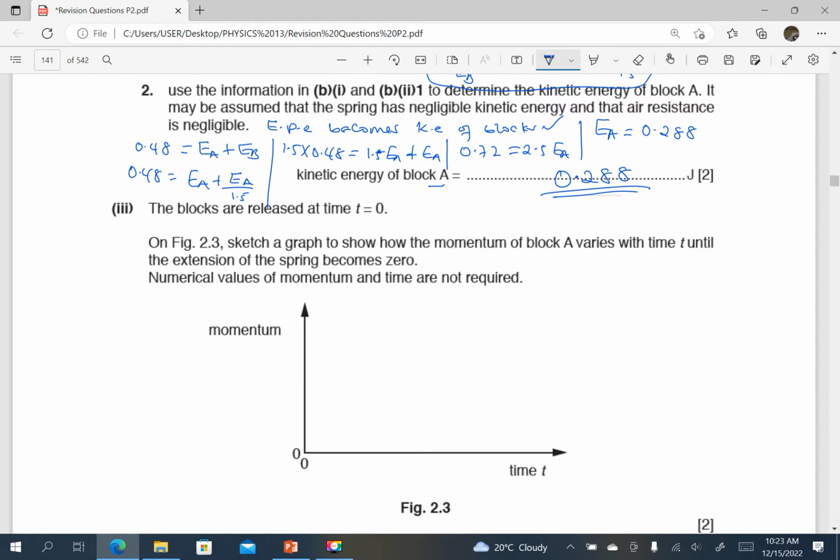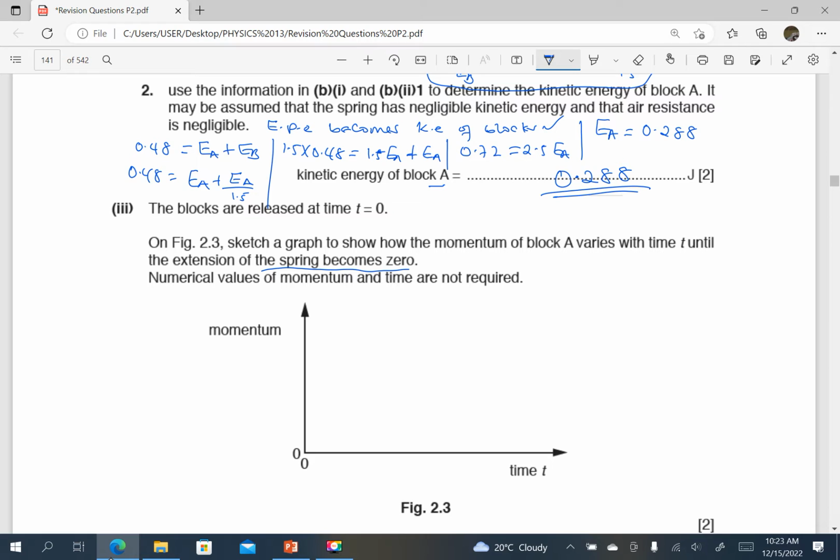The blocks are released at t equals 0. On the figure, sketch a graph to show how the momentum of block A varies with the time t until the extension of the spring becomes 0. So the extension is becoming 0. It is actually decreasing. How does the momentum vary?